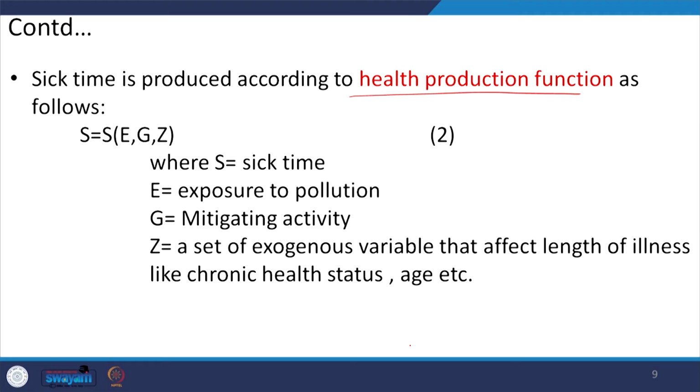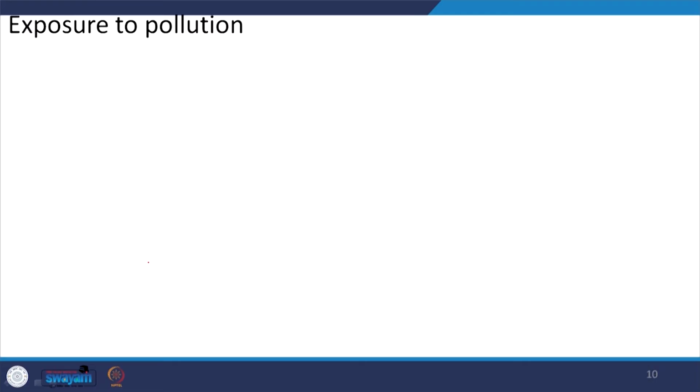Nothing can be done about these, and it is not because of pollution or this kind of environmental bads that you are suffering from sickness. This is a set of exogenous variables that is taken under Z.